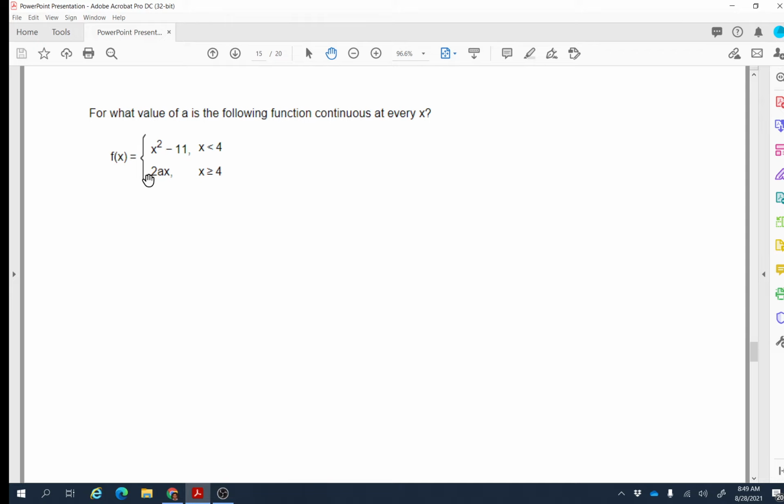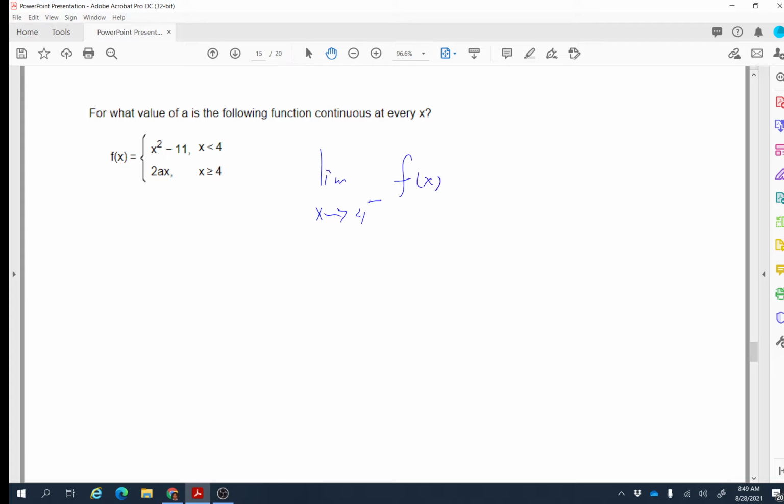And this function would be continuous at 4 if the limit of the function when x approaches 4 from the left side is equal to the limit of the function when x approaches 4 from the right side. So let's find the limit of the function when x approaches 4 from the left side.